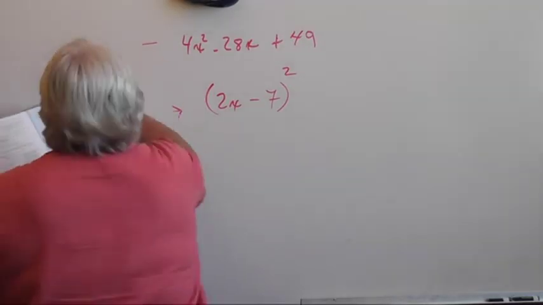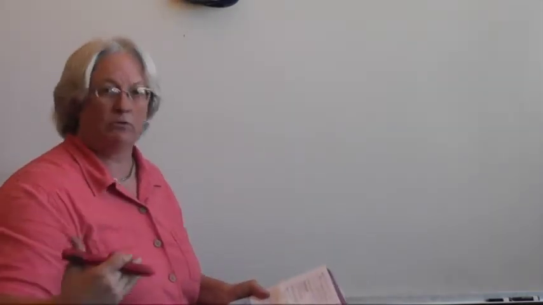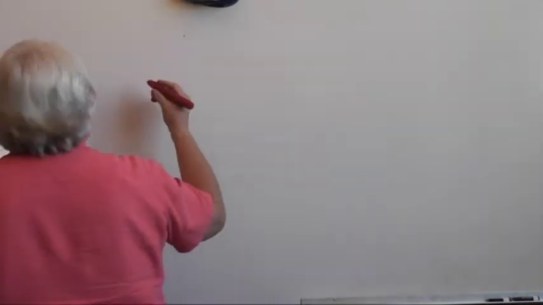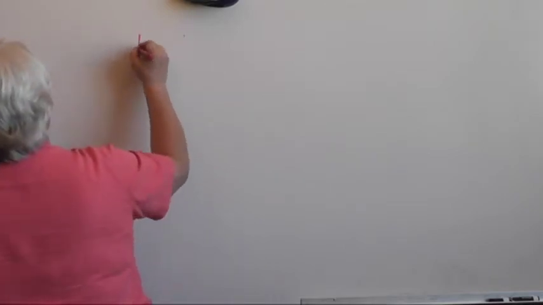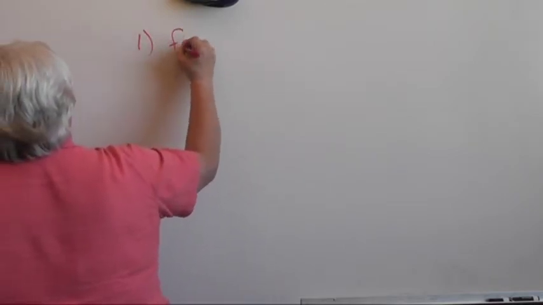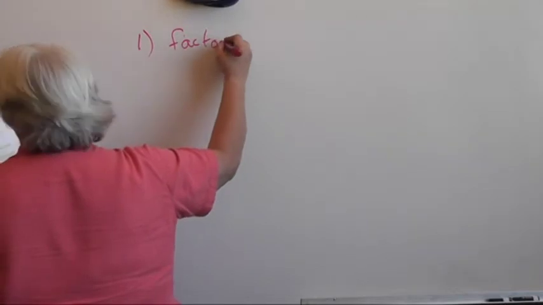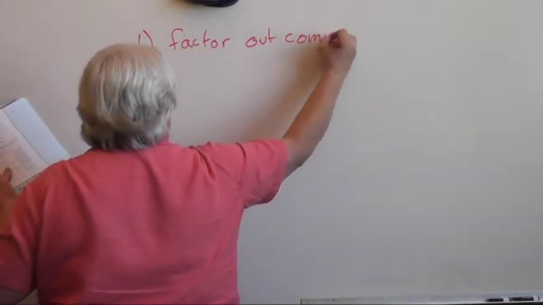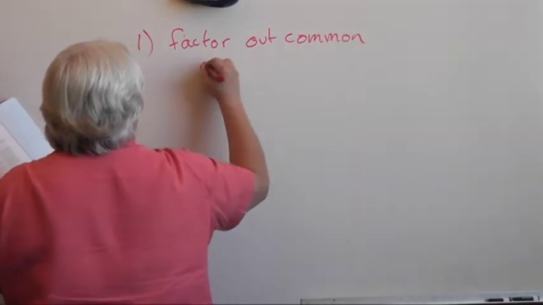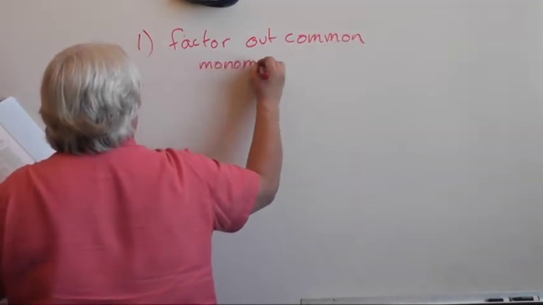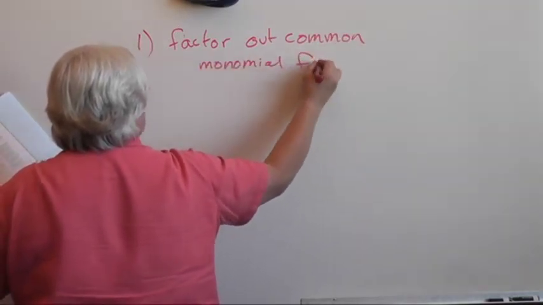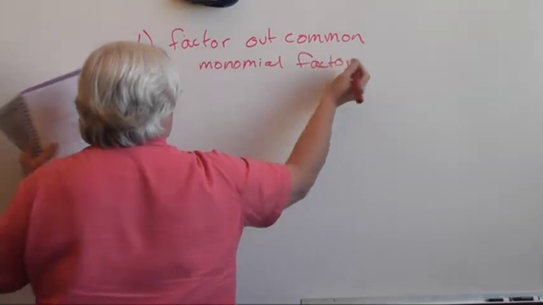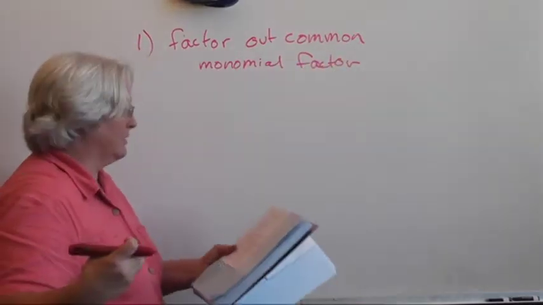Now, let me go ahead and write this down. What's our methodology, or what's the algorithm? Sometimes you'll hear said, if we want to factor trinomials, first thing that you want to do is factor out common monomial factors. Once you've done that, that's like the GCF. You're going to take out the GCF in your trinomial.